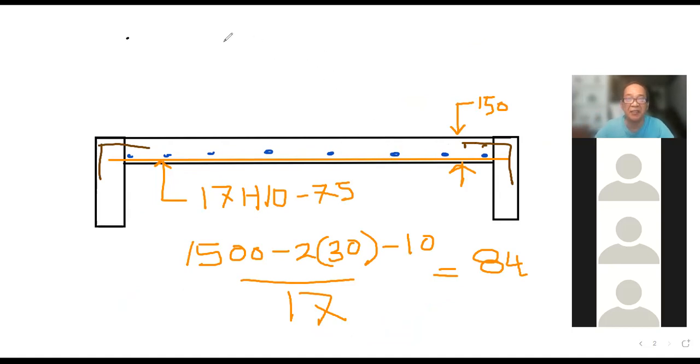Okay, so we can use the same reinforcement as the blue reinforcement. So we can use the blue reinforcement as my anti-cracking bar. The blue reinforcement is the main reinforcement pada bahagian tangga, bahagian staircase.